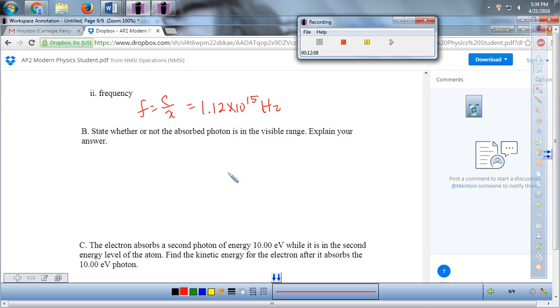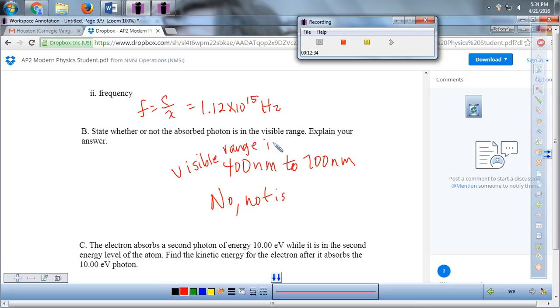Then it wanted to know whether the absorbed photon was in the visible range. Well, to be in the visible range, we know that our light needs to be in the range of 400 to 700 nanometers for the wavelength, and so no, not in the visible range.